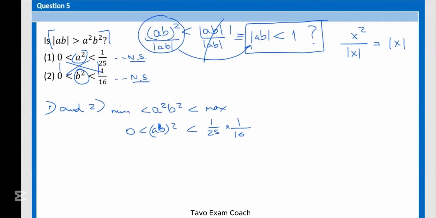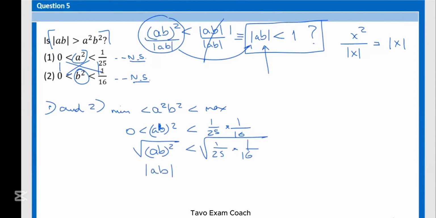Well, now, since we are looking here at the absolute value of ab, that reminds me that if we have these numbers ordered and positive, I can take the square roots on both sides. And of course, the order should be kept. The square root of a squared b squared should be less than the square root of 1/25 times 1/16. Now, what is the square root of any square? That's the absolute value of the expression.